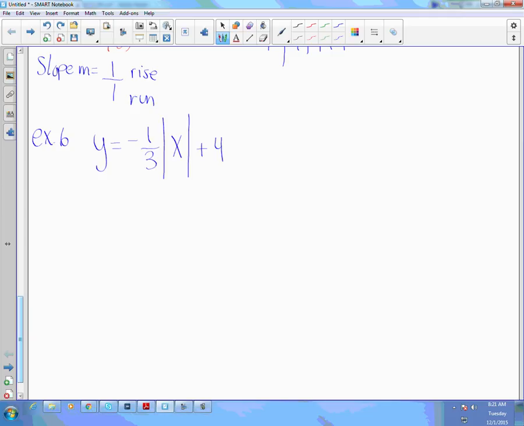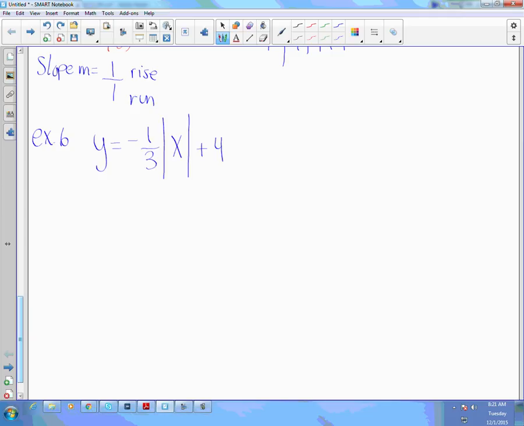Change neighbor and tell the vertex. Opposite, same. The number, not x. What number is being added to the x? And then the opposite, same. Rita?